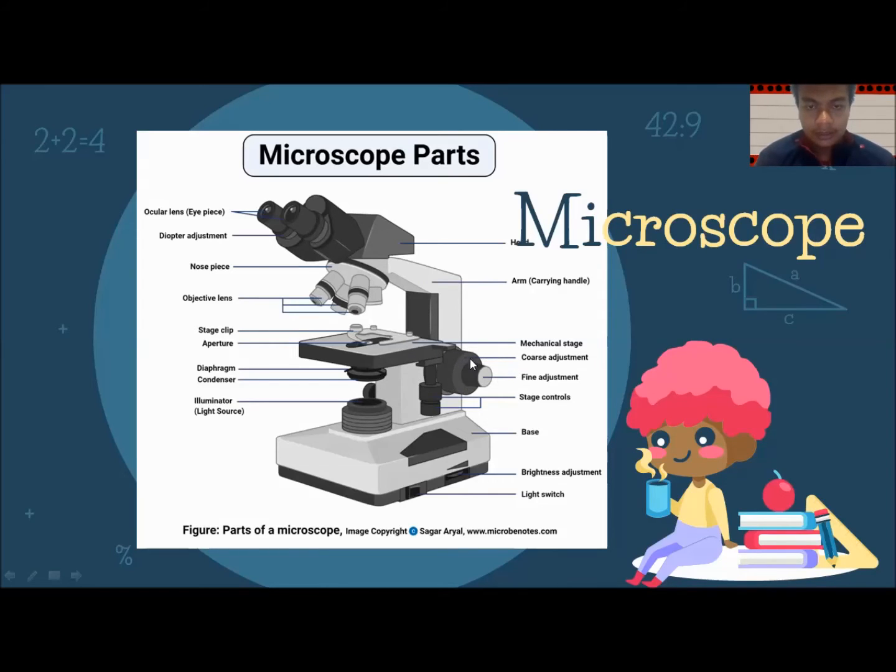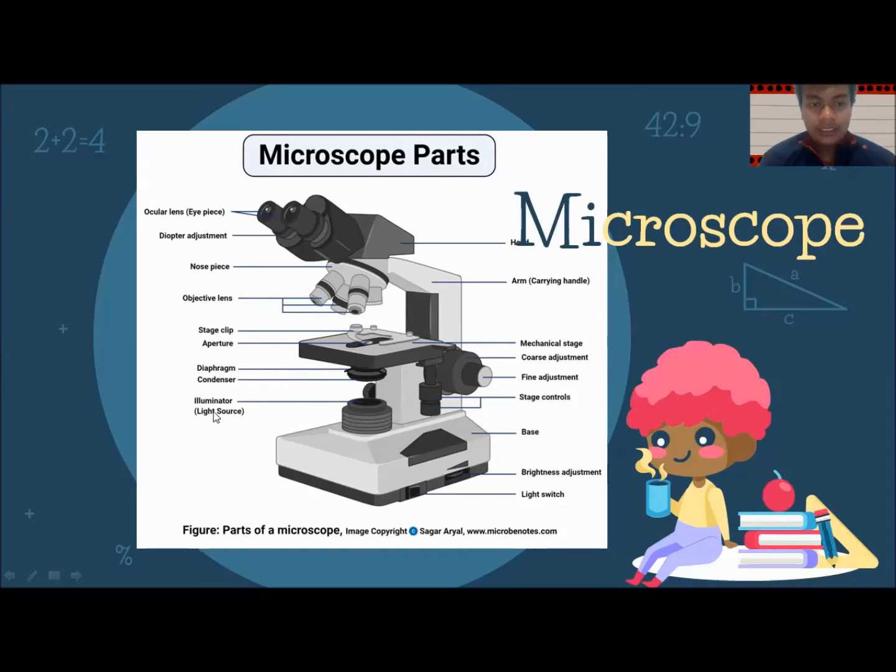In the round one here is the coarse adjustment, and the small circle is the fine adjustment, and from this it is a diaphragm and condenser, and it is the stage control.